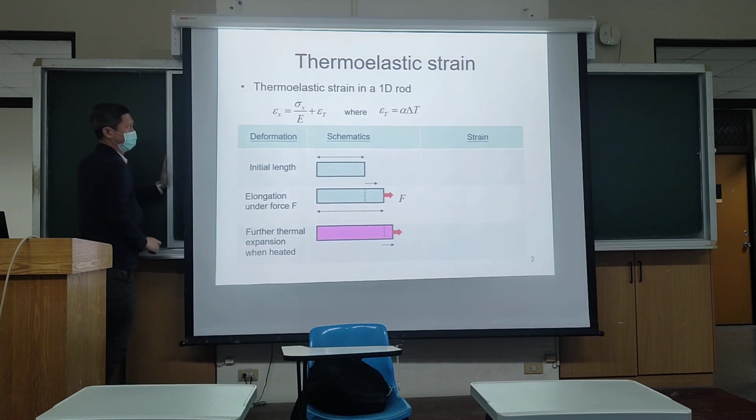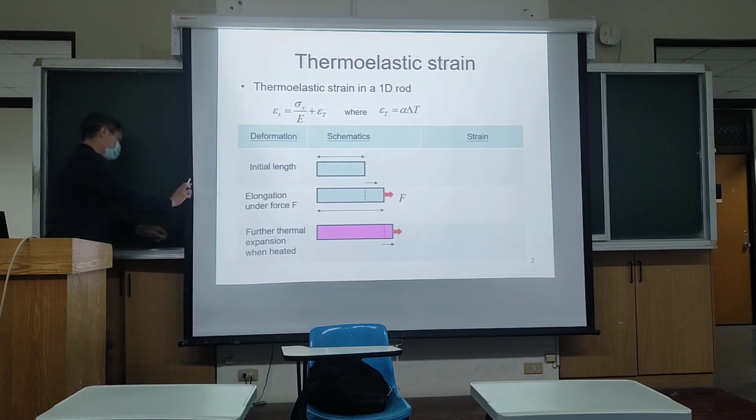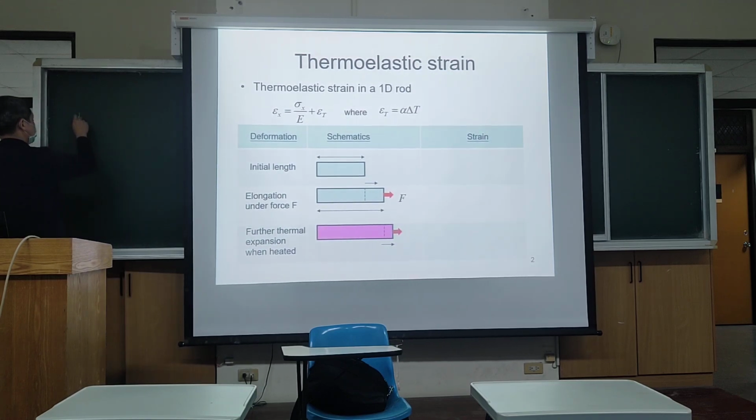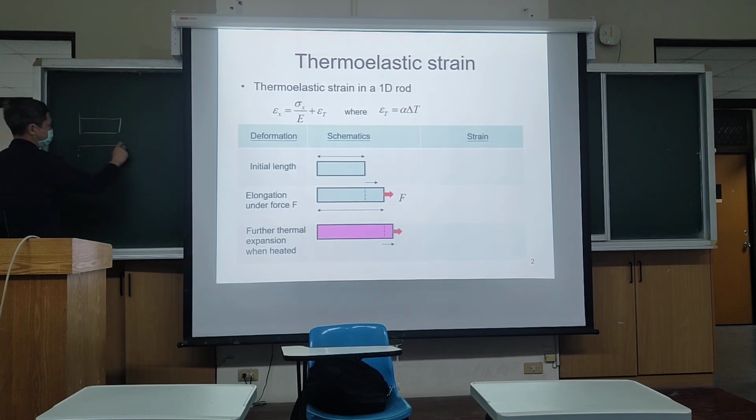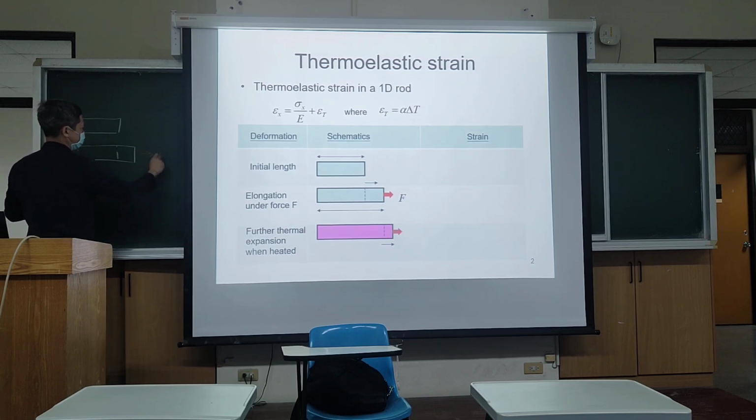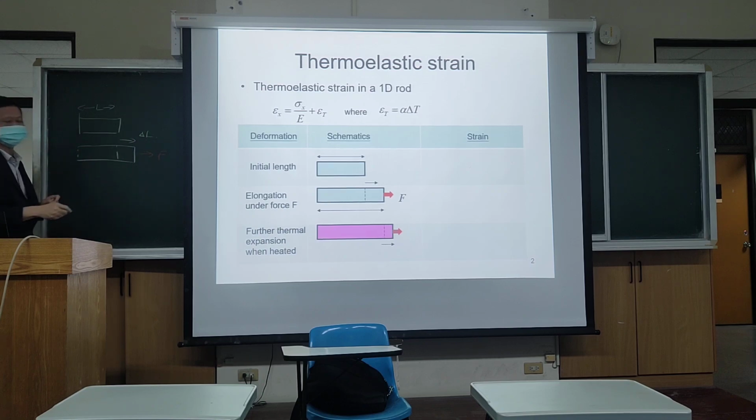Okay, so if you are not familiar with the strain, then you can go out in terms of the elongation. Okay, so you can see here, this is the rod. Okay, if you now do the pull by external force, then the initial length will then have extra elongation. Okay, so this was caused by the support.